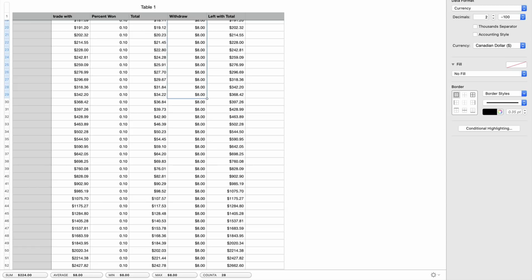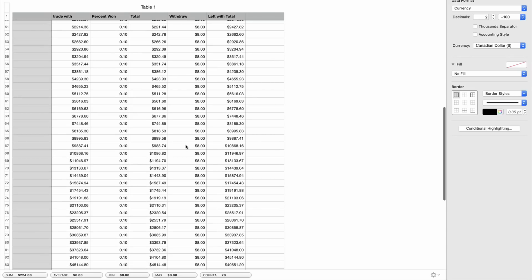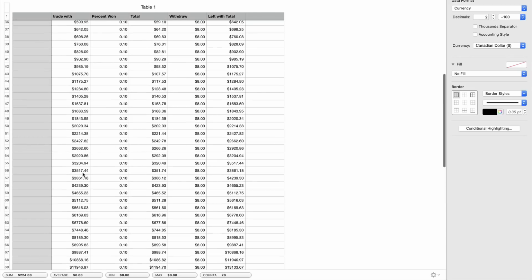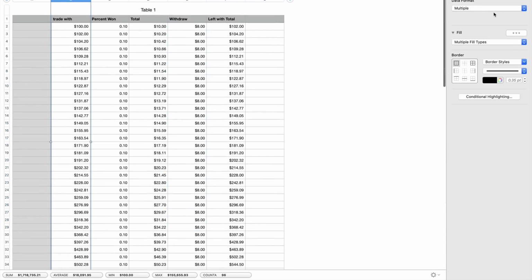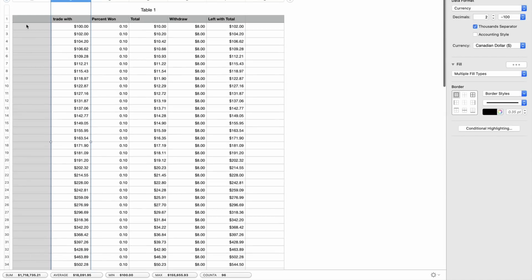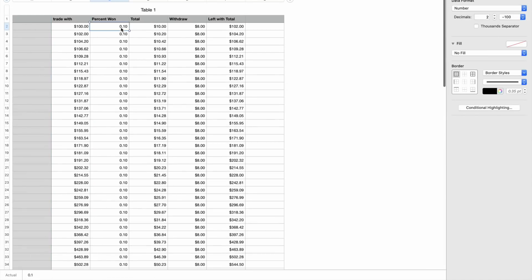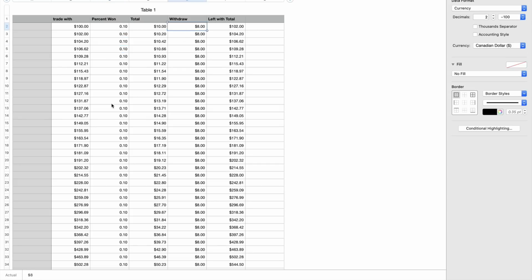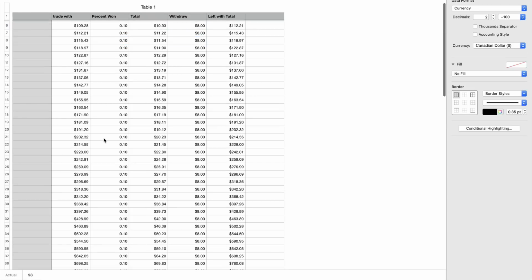After 30 days, you have $224, right? So you're always withdrawing $8, but look what you're trading with now, more. It doesn't mean that it's every single day, it's every single trade. So let's say you just did a little 10% trade, you withdrew some, and you reinvest the rest.